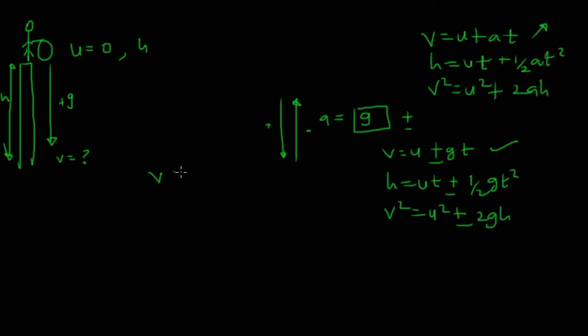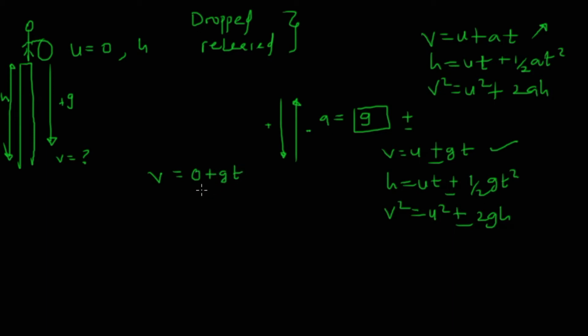So in this case of an object being released from a particular height, or an object being dropped, notice that the final velocity will be 0 plus gt.